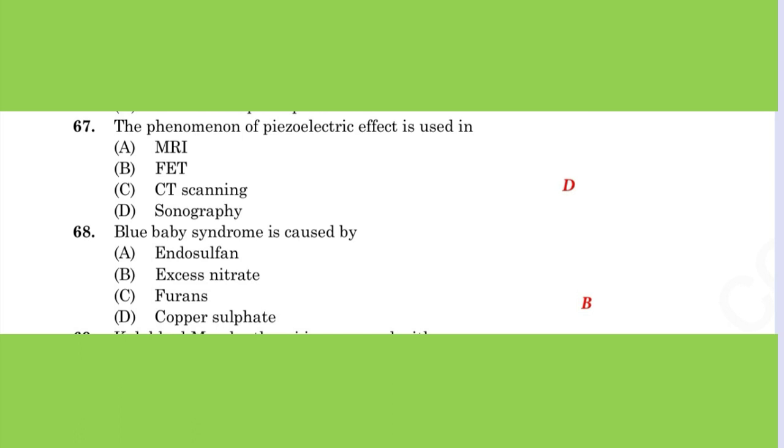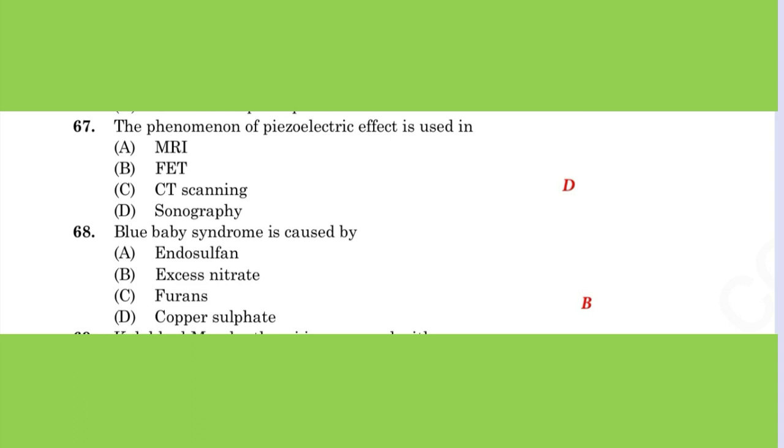Then the next question, blue baby syndrome is caused by excess nitrate. The use of nitrate-contaminated drinking water for infants causes infant methemoglobinemia. Affected infants develop a peculiar blue-gray skin color.